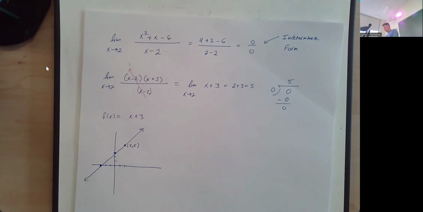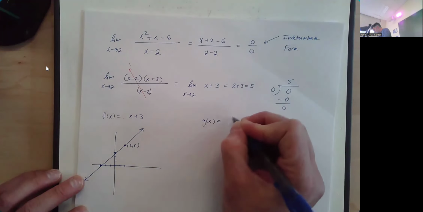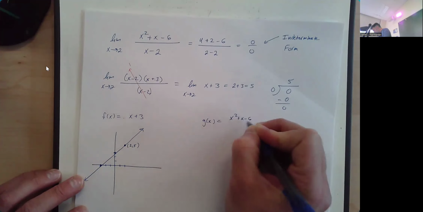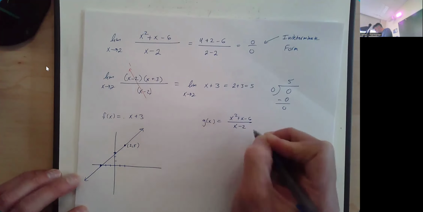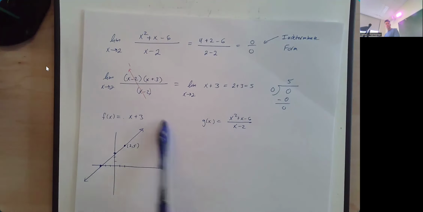But then the thing we actually looked at, which was (x squared plus x minus 6) divided by (x minus 2). The only difference between these two functions is that there's a domain issue. This first thing I wrote has domain everything, right? There's no potential division by 0, no square roots, no logarithms.